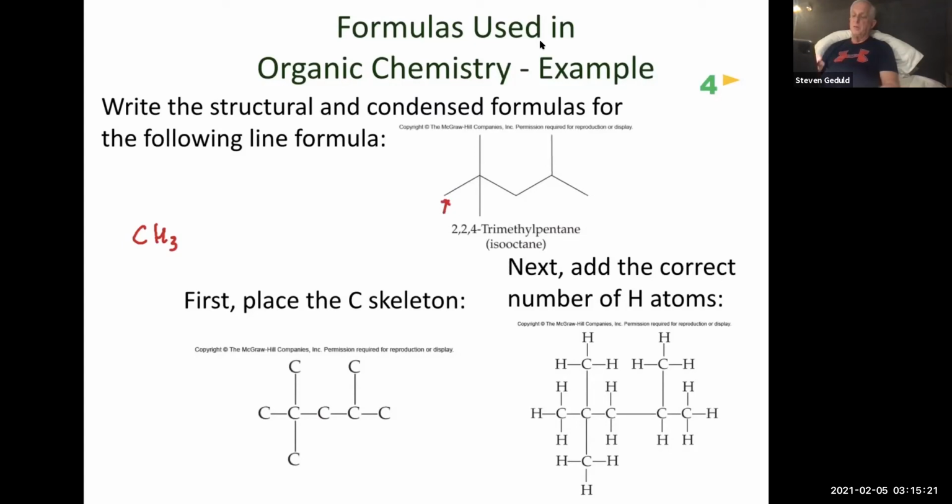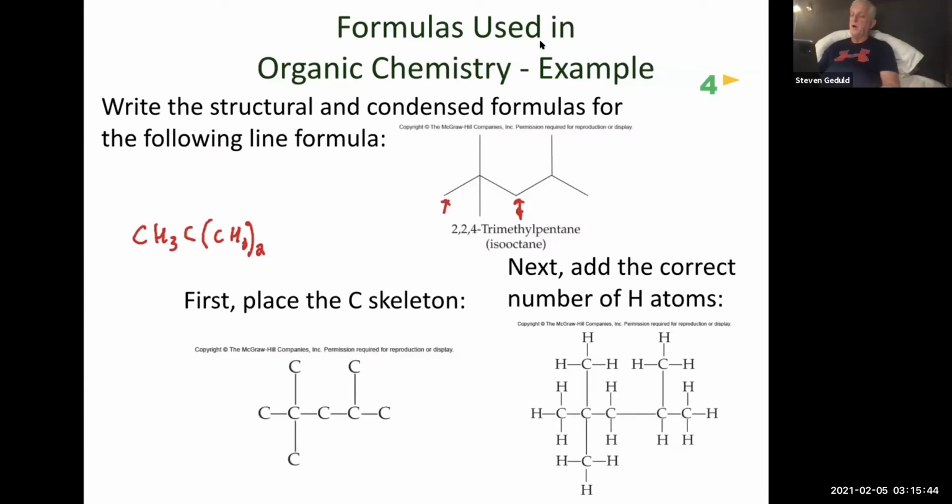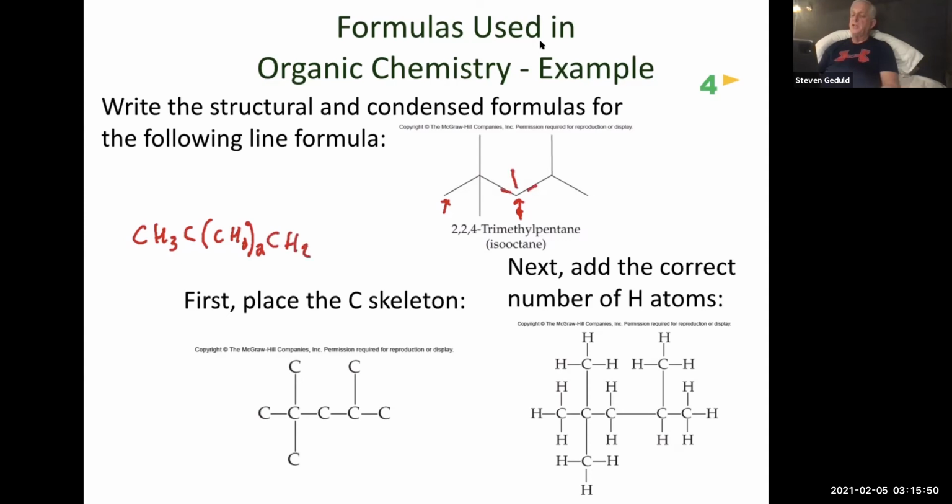Okay, go to the next carbon. There's a carbon atom, and there's 2 CH3 groups attached. Go to the next carbon right here. What's attached to that carbon with this mark right here? Because there's 2 hydrogens, it's CH2.